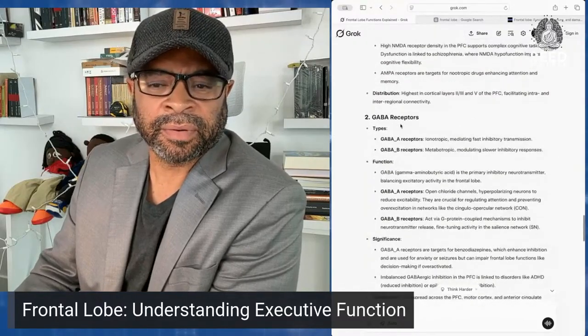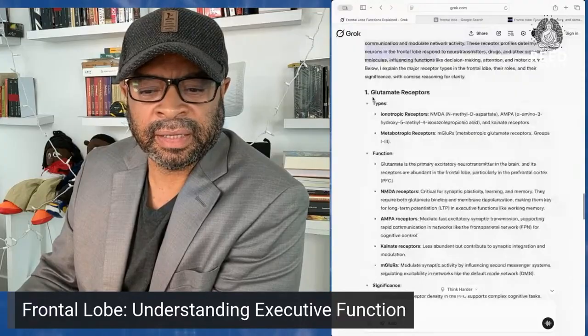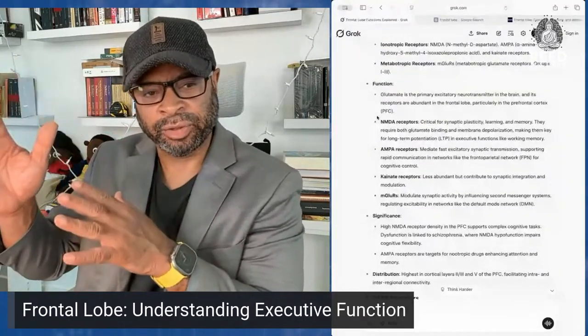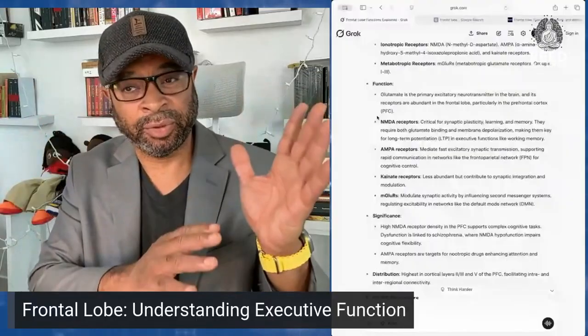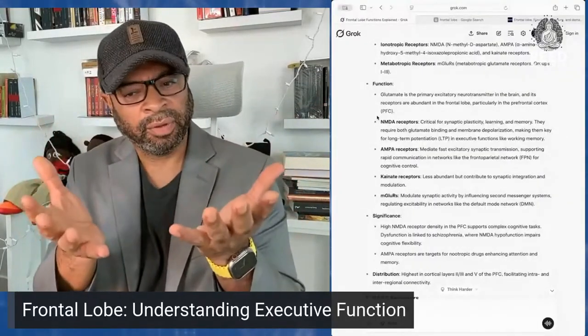And remember, for glutamate and GABA, these are the main. Glutamate is the main excitatory neurotransmitter. GABA is the main inhibitory neurotransmitter. And you want to get balance between both.